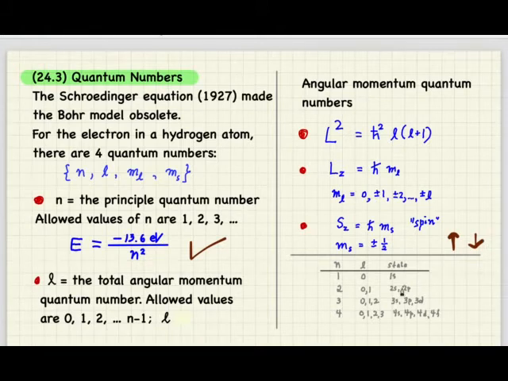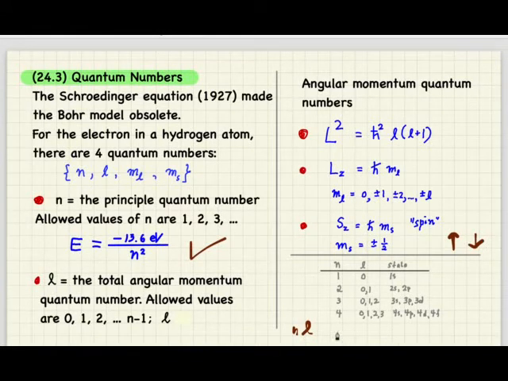So actually, if you're counting the number of states, suppose you have principal quantum number n and total orbital angular momentum quantum number L, how many possible electron states are there?